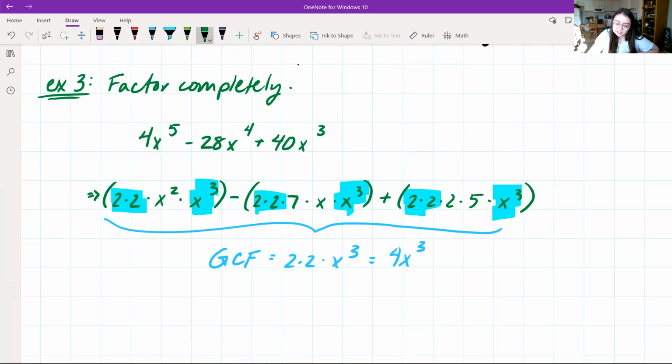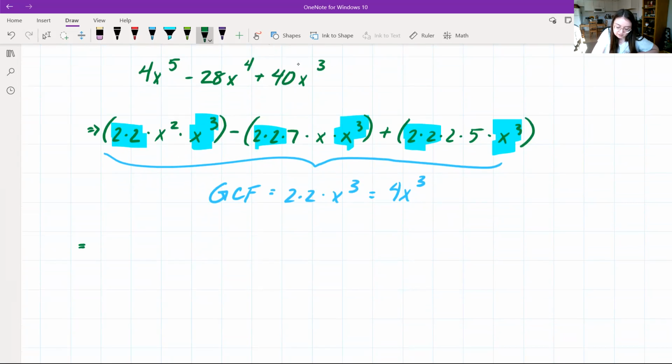So factoring this out of our equation, we'll be left with 4x cubed times x squared minus 7x plus 10. So these are the values that we are now left with.